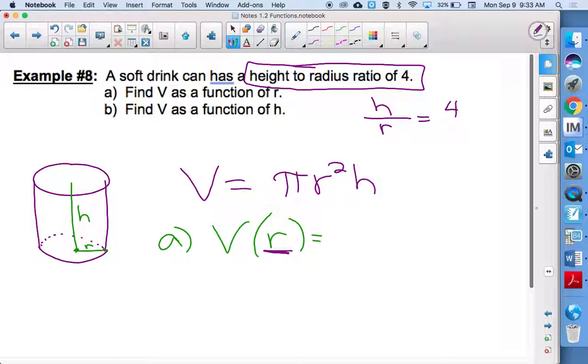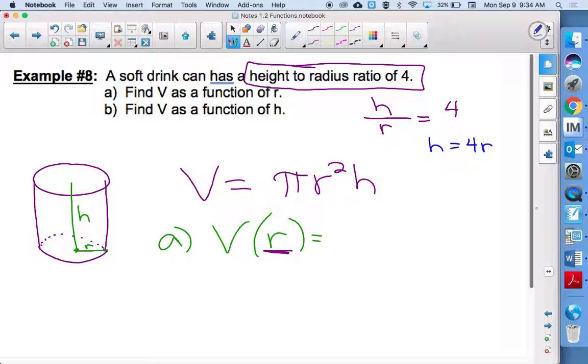So how can we try and use that information to write an equation that only contains the variable R? That's what part A is asking for, right? The volume as a function of R. So our goal is to only write it with R. Garrett? So could, instead of H, could you have 4R? Yeah, so if you look at this equation, he said you can use H, H can be represented as 4R.